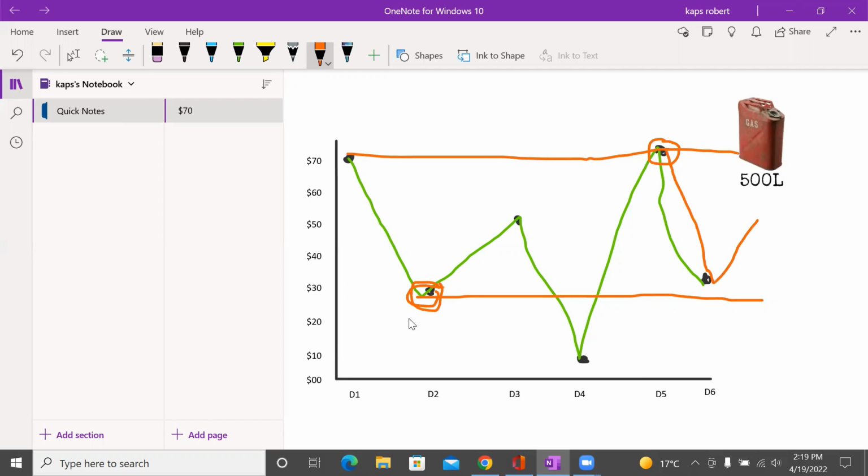This is the fake breakout that we talked about. On day four the company almost failed or almost closed. That's why it's on $10. This is a fake breakout of the sale.